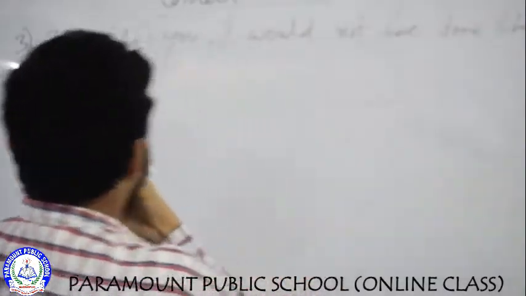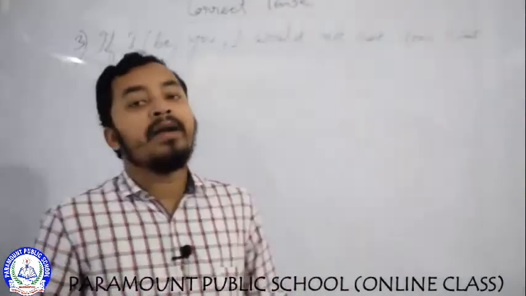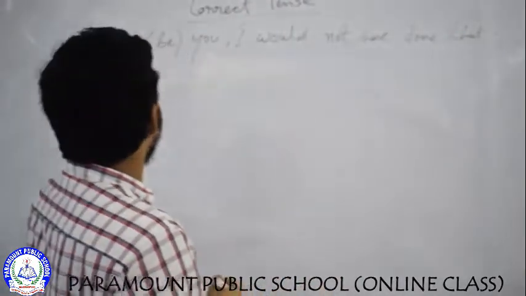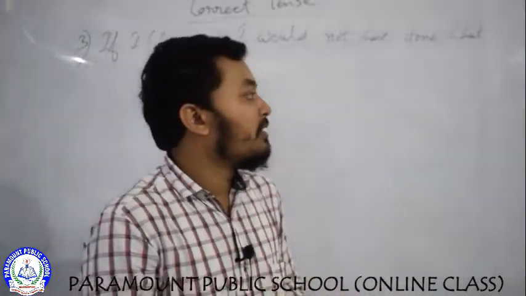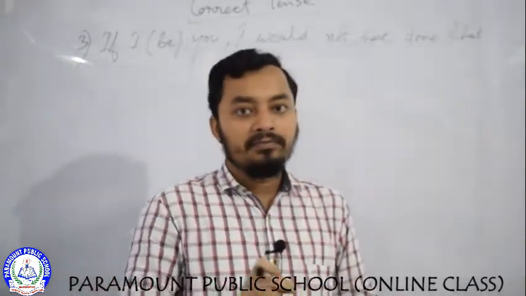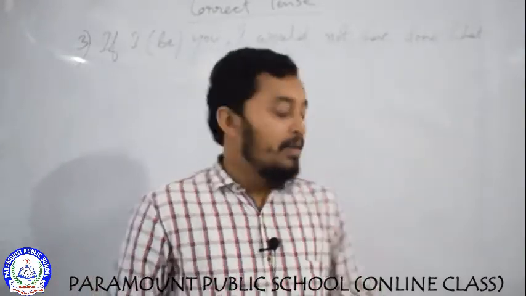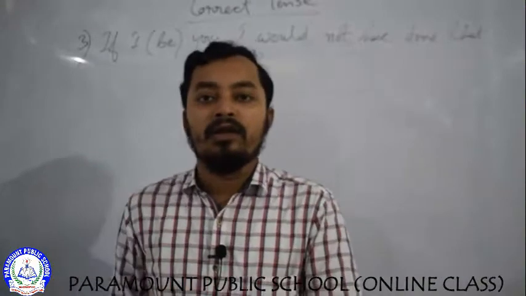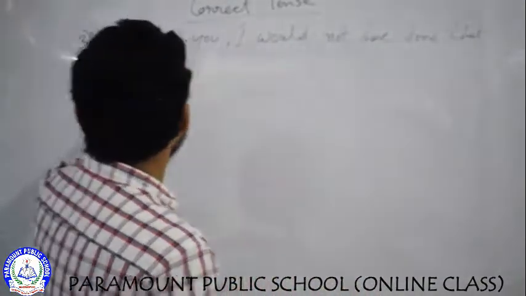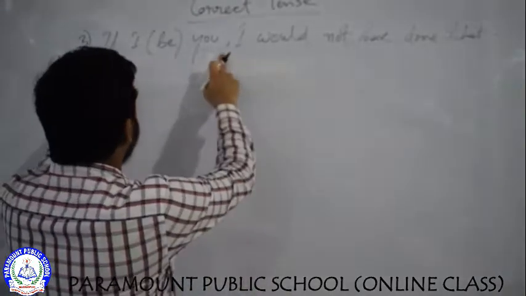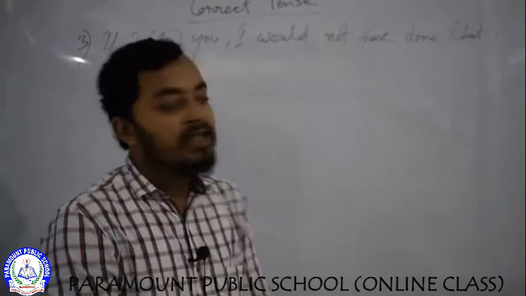Now see, what is a conditional sentence? The other name of a conditional sentence is the if pattern. It means the sentence will have two parts. One part will consist of the word if, and that part is called the if part or if clause. Automatically the other part will be the main clause. Now see, this is a conditional sentence because one part consists of the word if, and the other part is the main clause.